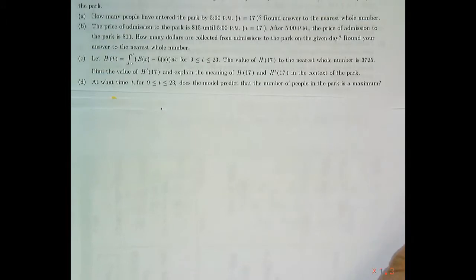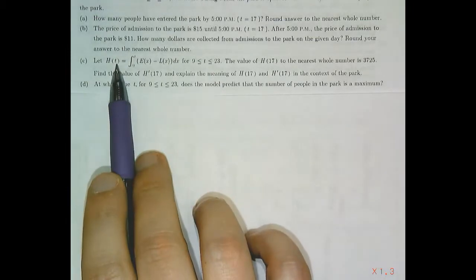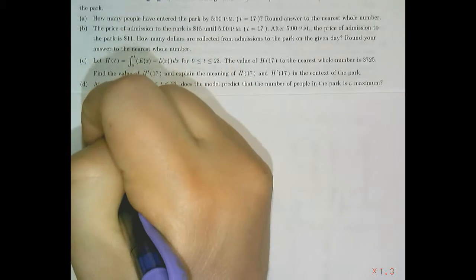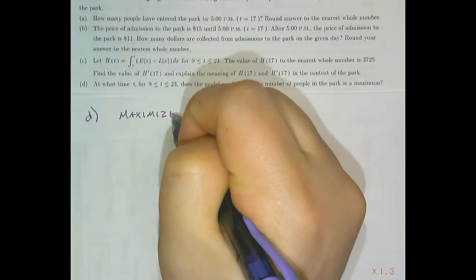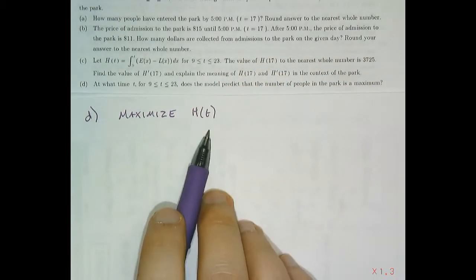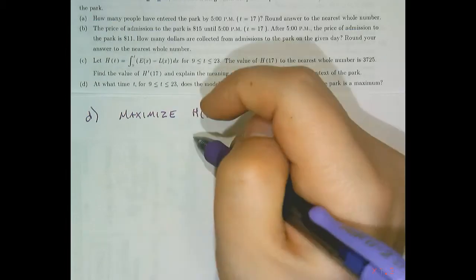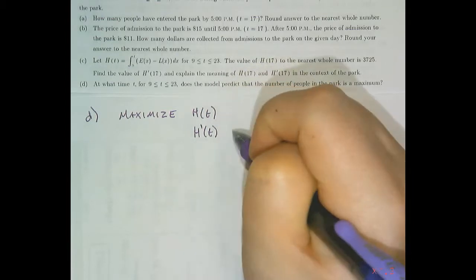It says, at what time does the model predict that the number of the people in the park is at a maximum? So if h of t represents the number of people in the park, then we need to maximize h of t. And we know maximums will occur at endpoints or at critical values, so we need to find when does a critical value exist?